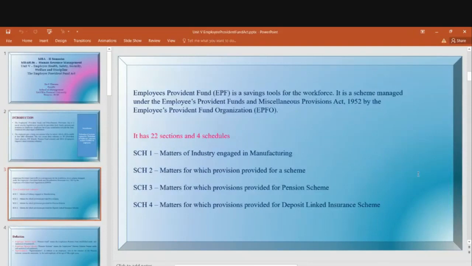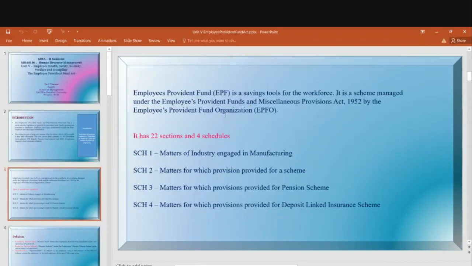The first thing is EPF, which is Employees Provident Fund. It is a savings tool for the workforce, and it is a scheme managed under the Employees Provident Funds and Miscellaneous Provisions Act 1952 by the Employees Provident Fund Organization.